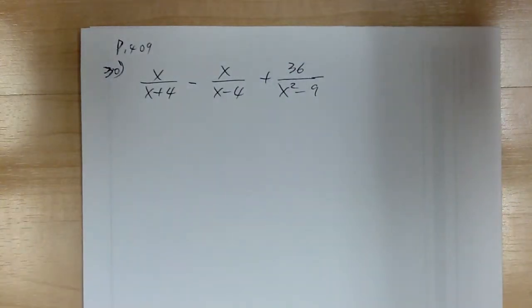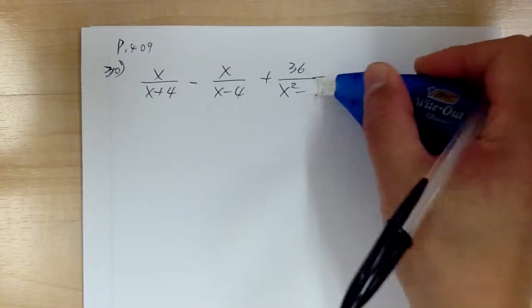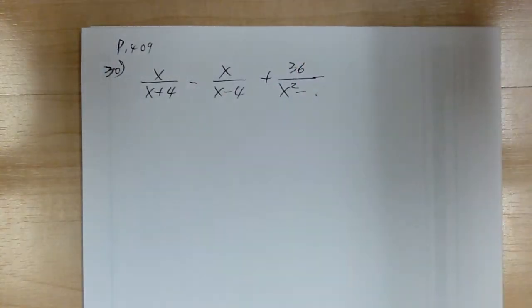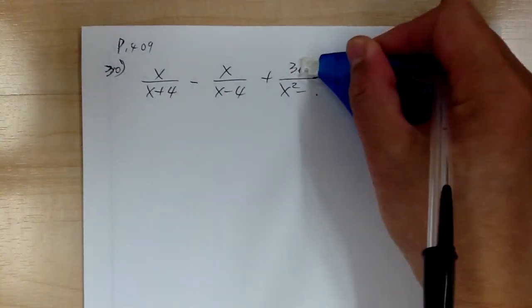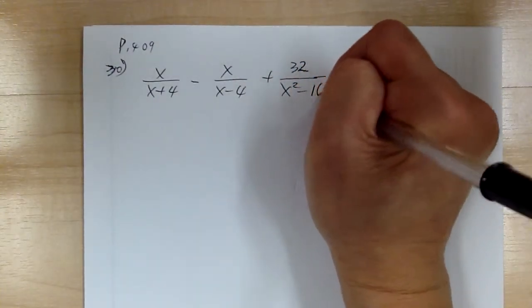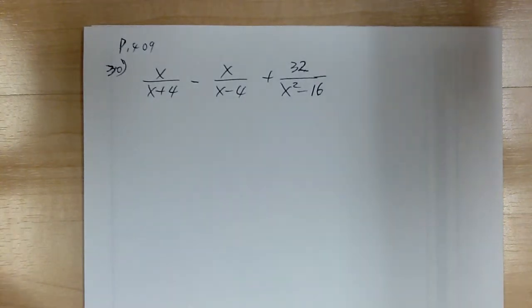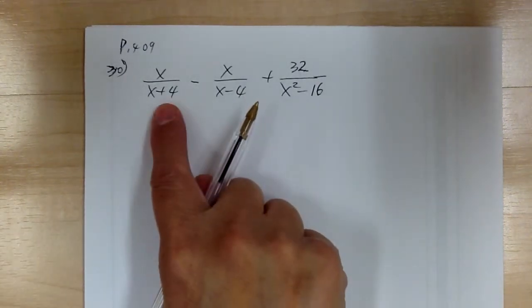Time out. Correct: number 30 is minus 16. So you have to make sure you copy the problem correctly, so be careful with that. Double check.